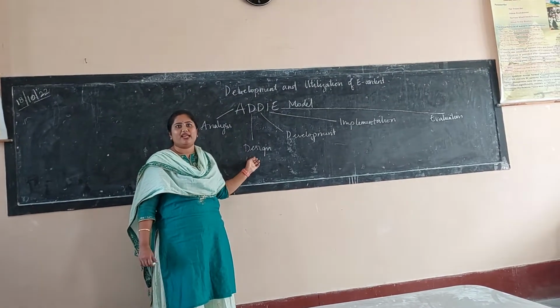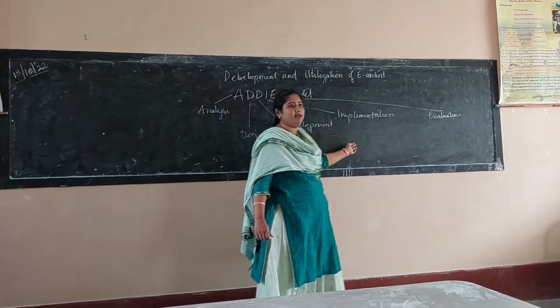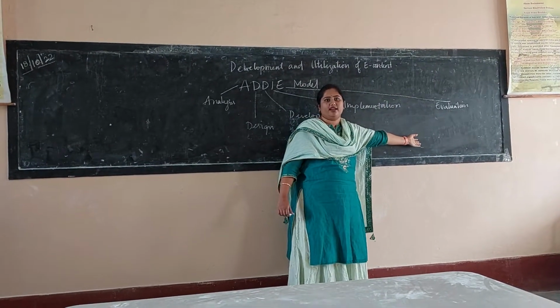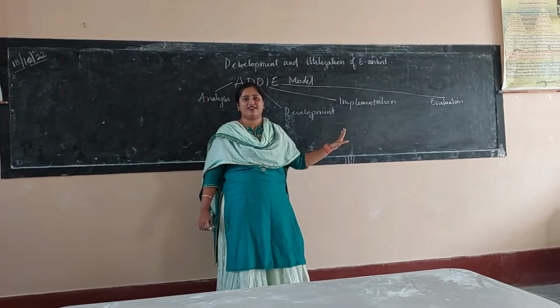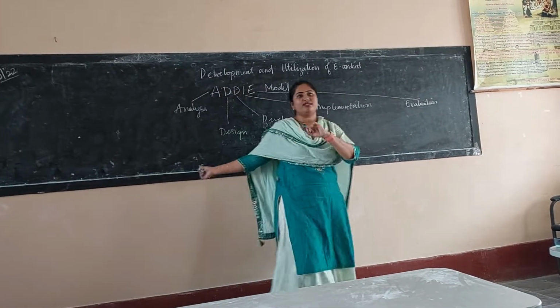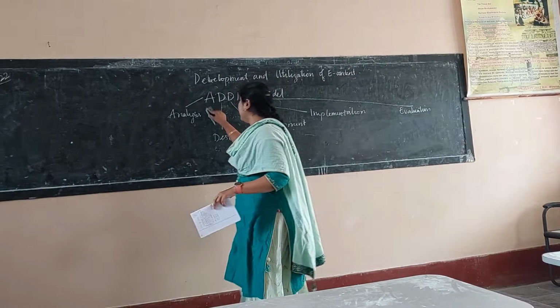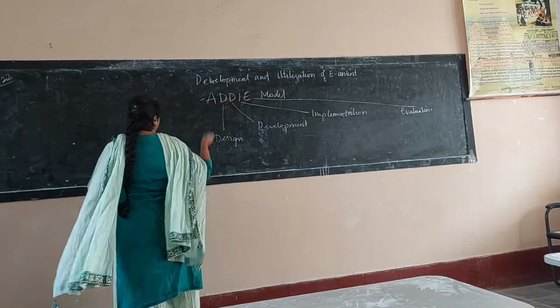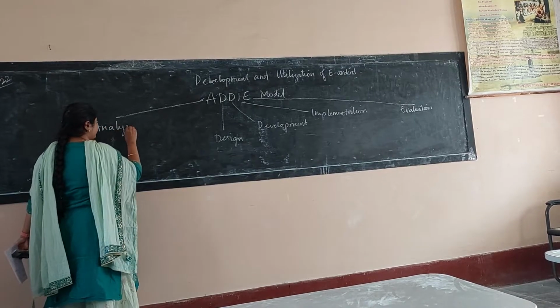You will have to pre-plan exactly what you want to do, actually develop it, implement it and then evaluate your e-content. So this is the very basic; you will have these 5 steps in all models. That is why we are going to study the most basic and simplest of these models. Now let's go to each of these steps to understand what it is and what you have to do.